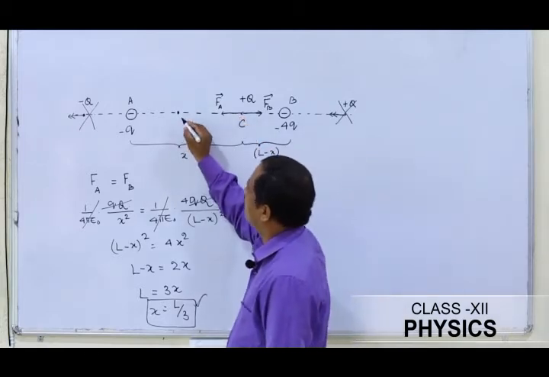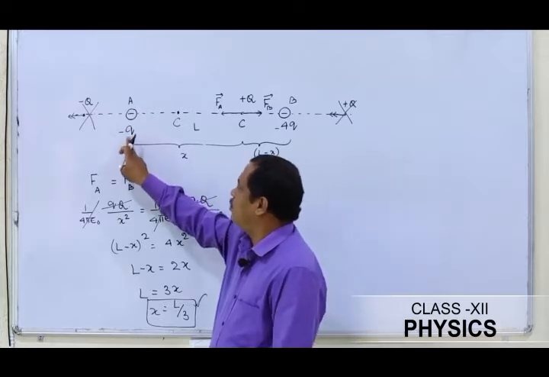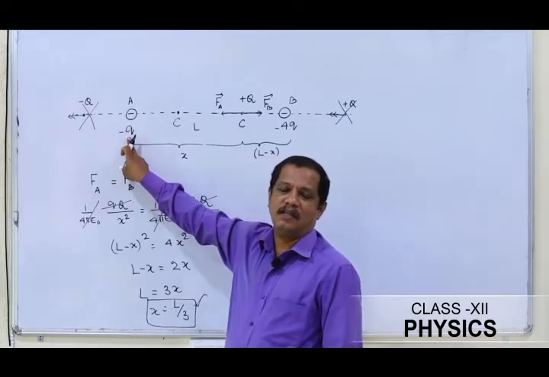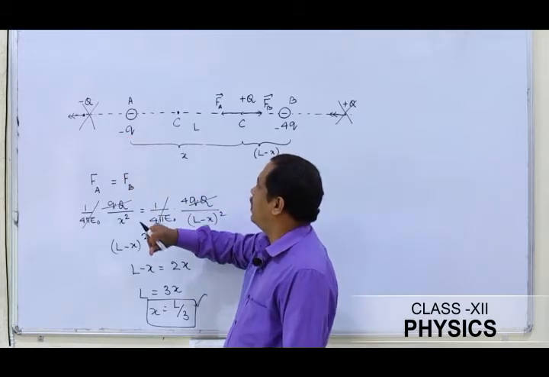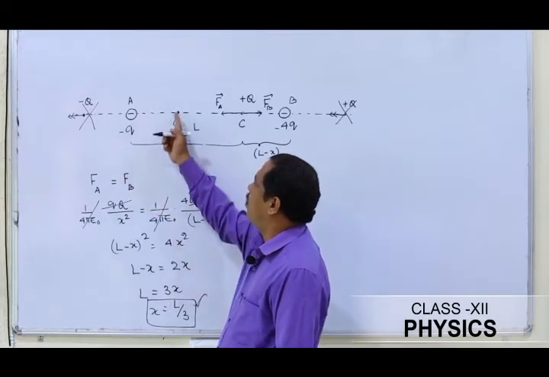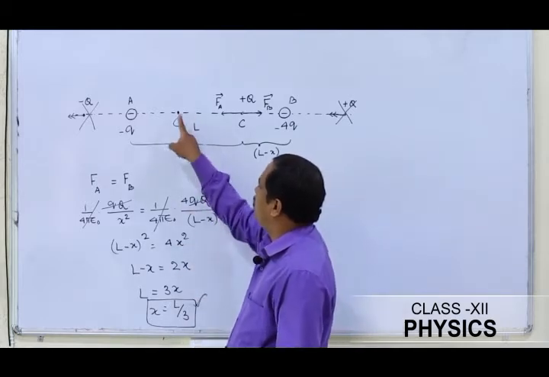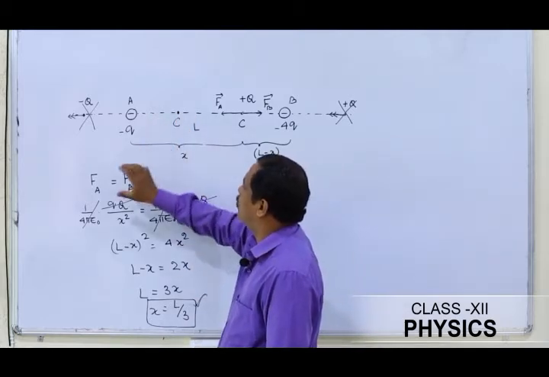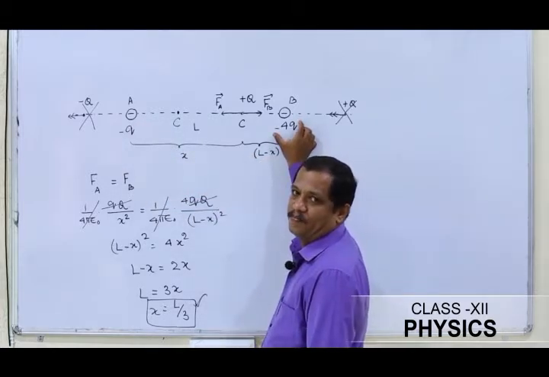The equilibrium point C is closer to the charge of smaller magnitude. This is another concept we need to learn, that whenever we try to find the position of an equilibrium, then the equilibrium position will always be closer to a charge of smaller magnitude, not of larger magnitude.